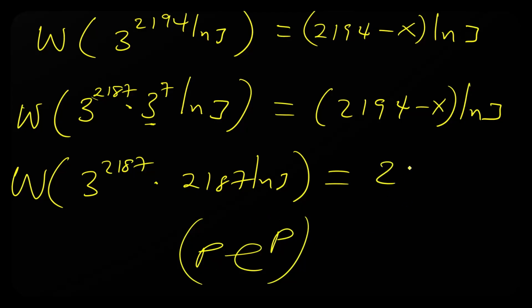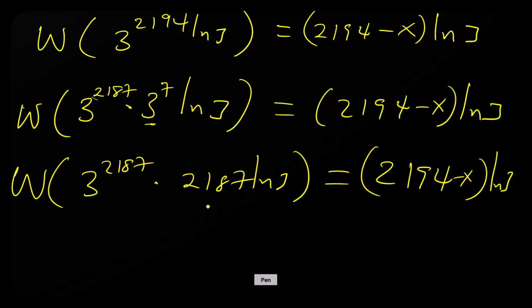All right, 2194 minus x ln of 3. Okay, so look, we have this one here, so let's support this one. What I will do is take e raised to ln of this. So we have the W function.